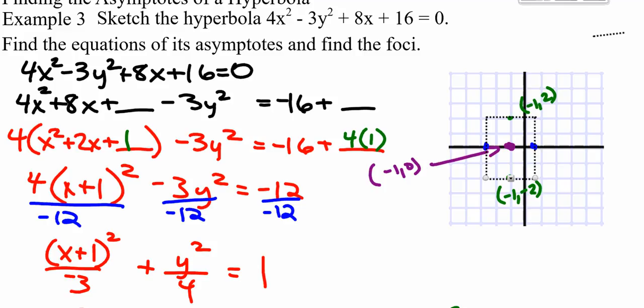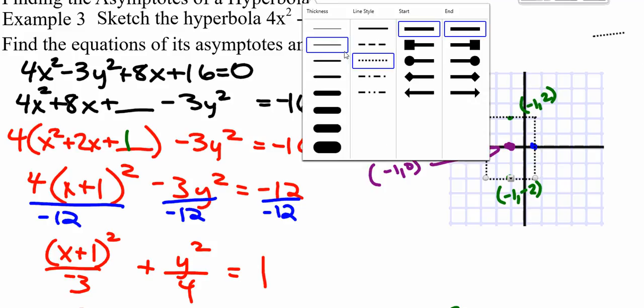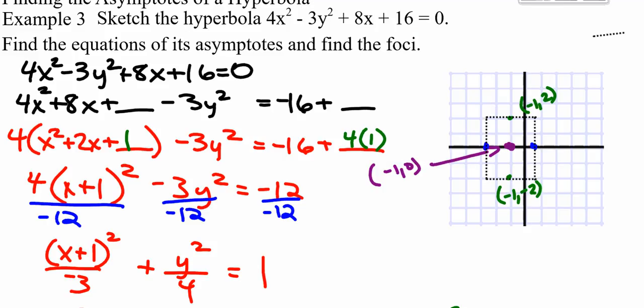There we go. And so then I have my box drawn, and now I'll draw in my asymptotes. My asymptotes just go through those corners of the box, so that's pretty straightforward to draw. Then I can just extend those out so they're easier to see.